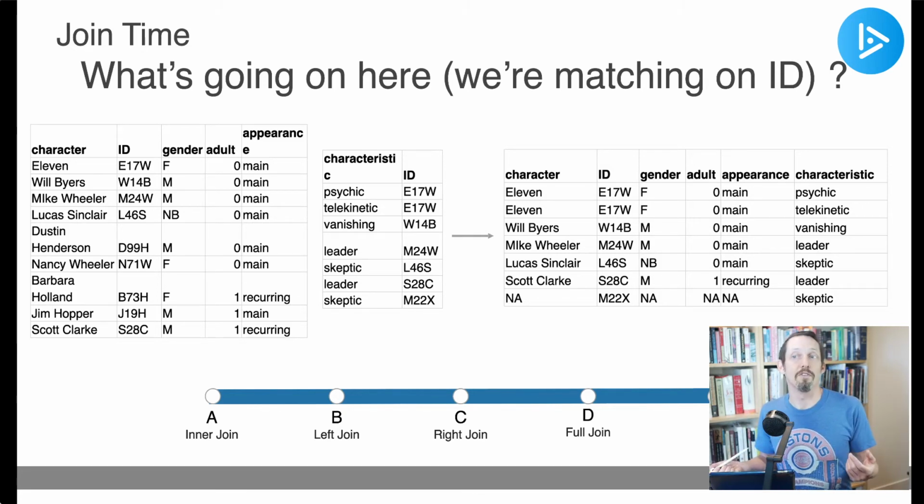So all these characters that are in this show and their qualities are in these 2 tables, and we want to go ahead and take these 2 tables and combine them to make this table. What's going on here? Which join is doing this? We're joining these 2 tables to make this table on the right.